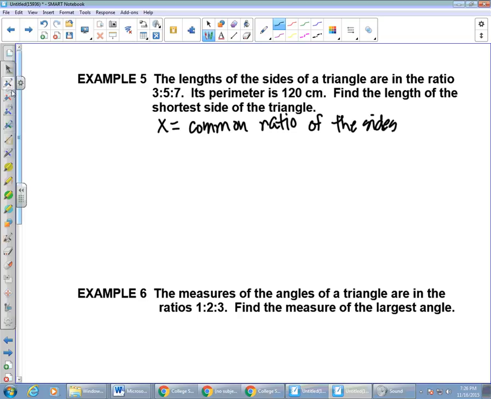So we set up 3x plus 5x plus 7x equals 120.